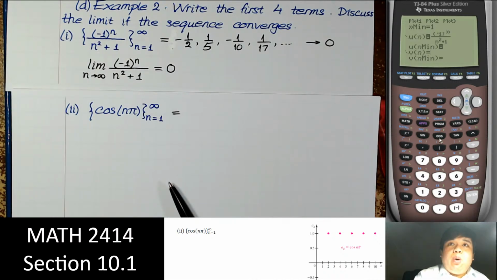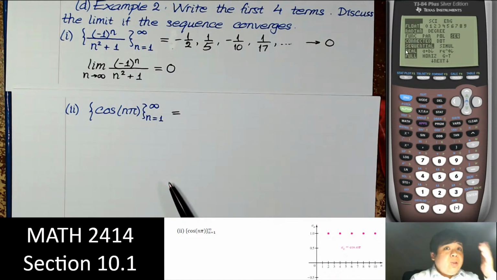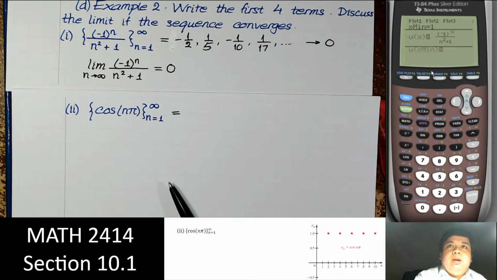Right. Cosine of n times pi. Just make sure that it is in the radian mode. Here, radian. So it's good. Second quick, and we have just that. Right.